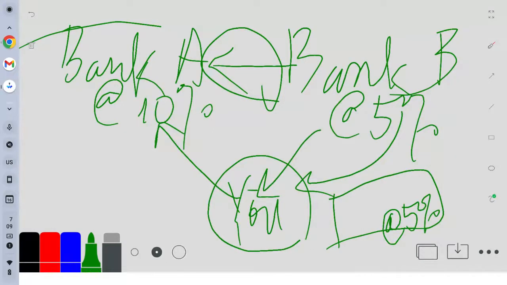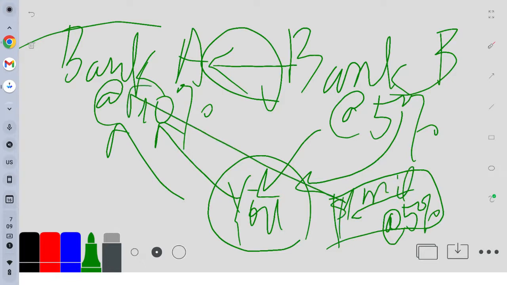You write $1 million on this check and send it to Bank A, right?